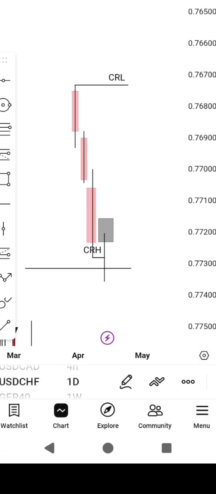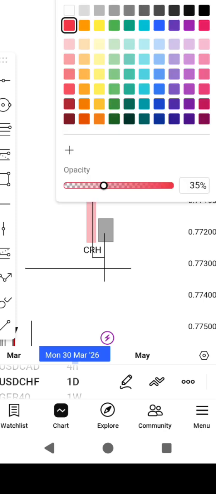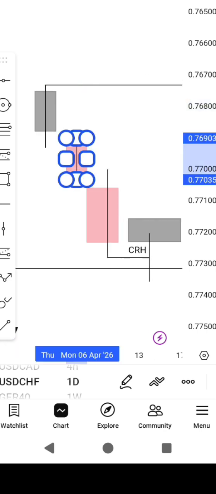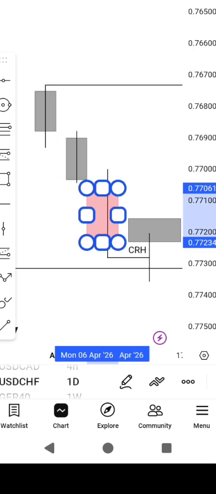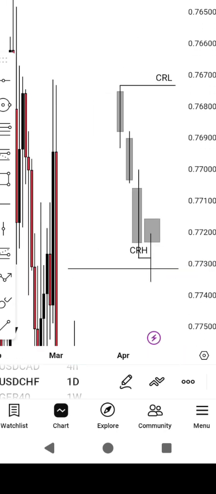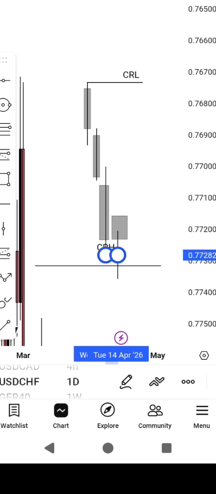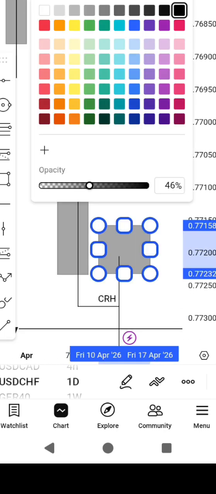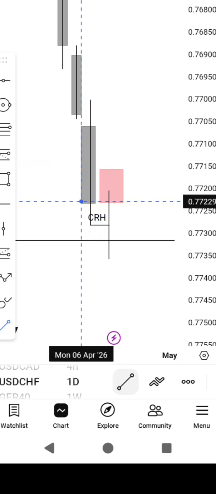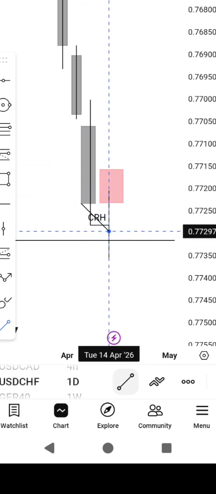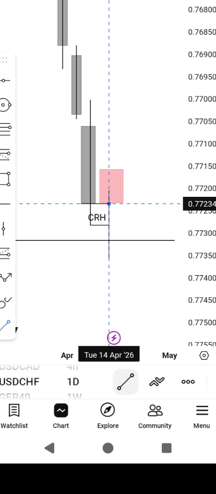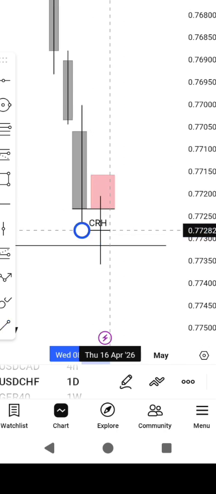In this case, this would be a series of bearish candles all the way approaching a key level, and then the very last candle didn't come in contact with the key level, and then the next one opens and pushes lower, sweeps the liquidity of the low of that candle, taps into the key level, and then closes back bullish within the range.